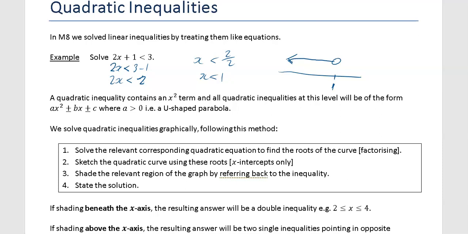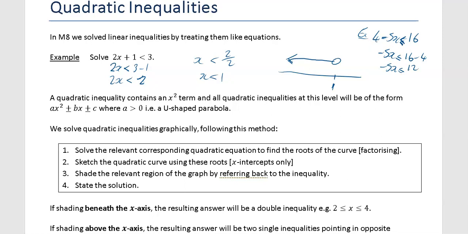I'm just going to look at a couple of exceptions here, a couple of problems that we would have had last year. So another example, I'll just make one up here: 4 minus 5x is less than or equal to 16. If you go about it the way I'm doing it here, bringing the 4 across, it becomes minus 4, so you have minus 5x is less than or equal to 12.